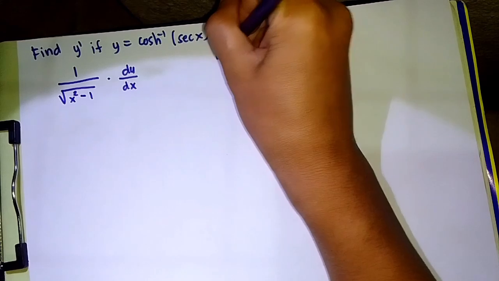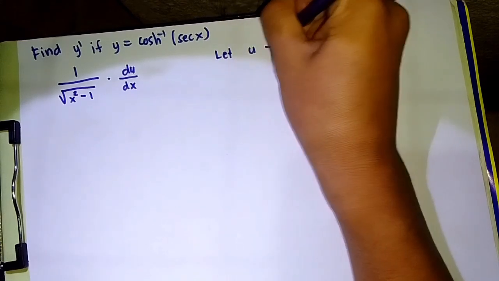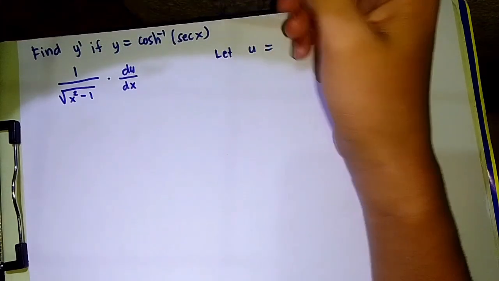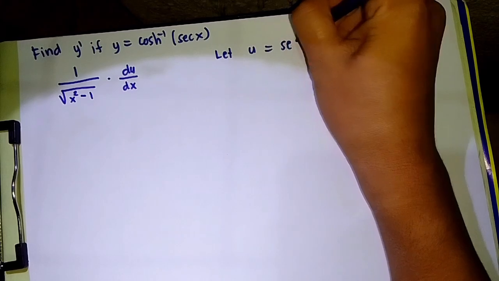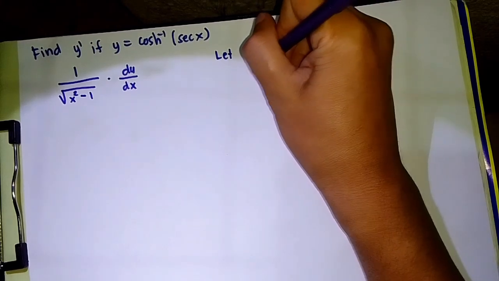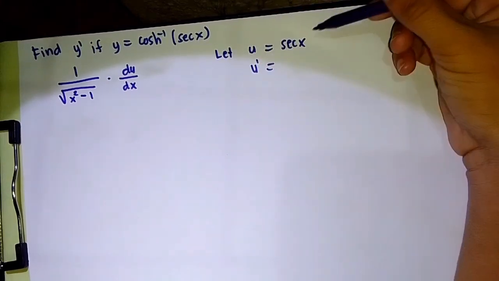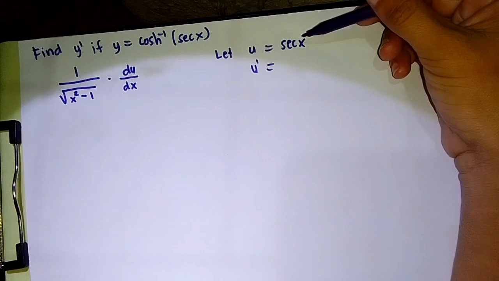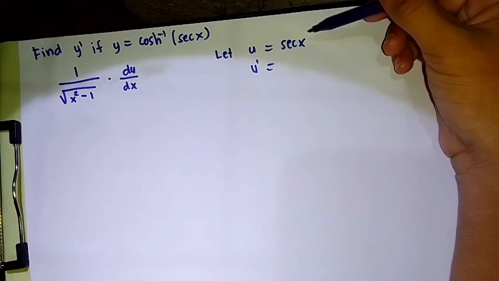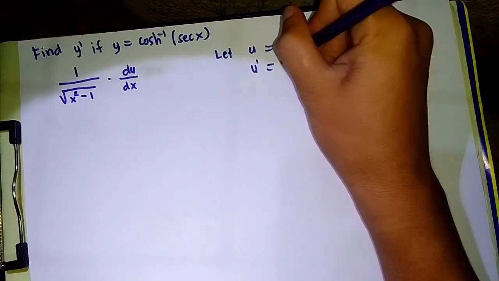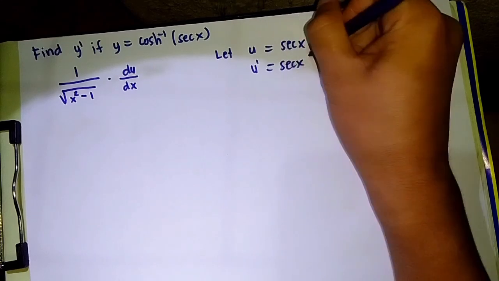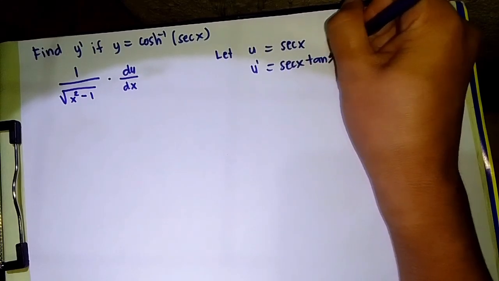So let our u is the function inside, which is the secant x, and u prime is the derivative of our u, secant x. So the derivative of secant x is secant x tangent x.